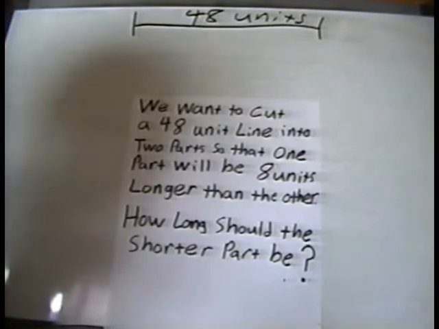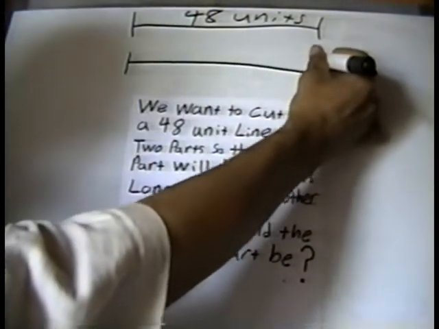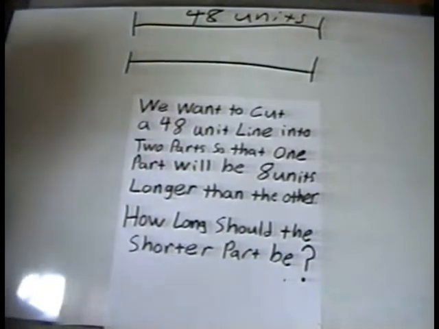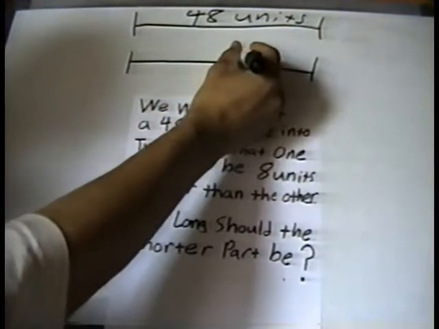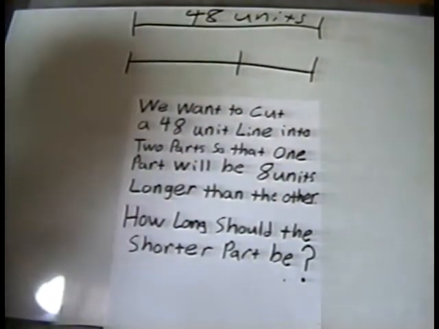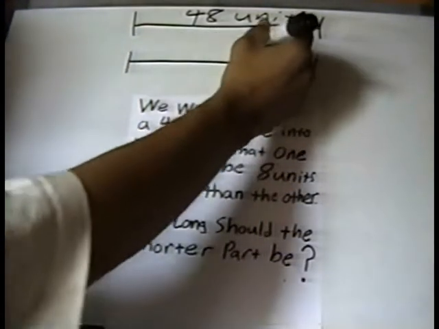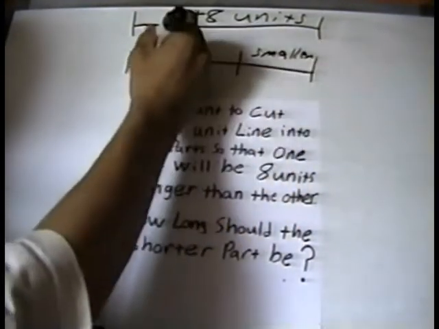Okay. So we're starting off with a 48 unit line. So we draw ourselves a line. Here this is 48 units. We're going to say that represents 48. So we're going to divide it so that one part is 8 units longer than the other. Eight units longer, so it's going to be a little bit longer.